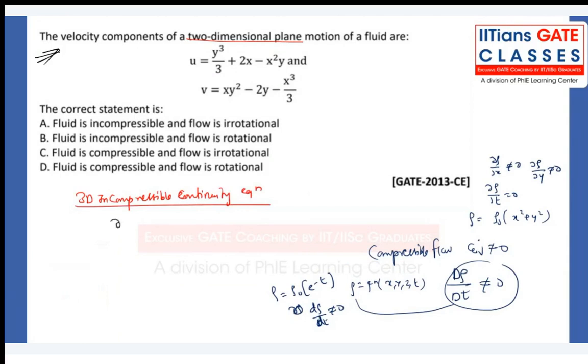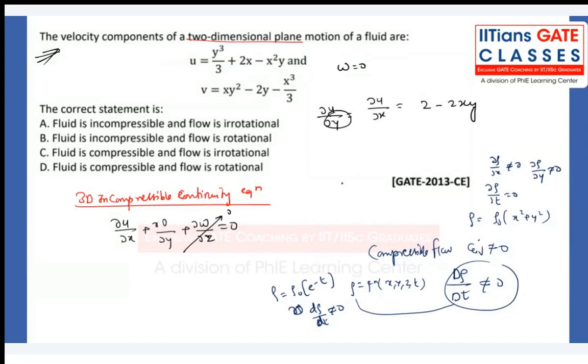Dou u by dou x plus dou v by dou y plus dou w by dou z. If it is equal to zero, we can directly assume it is incompressible flow of an incompressible fluid. Here w is zero. Dou u by dou x will be 2 minus 2xy.